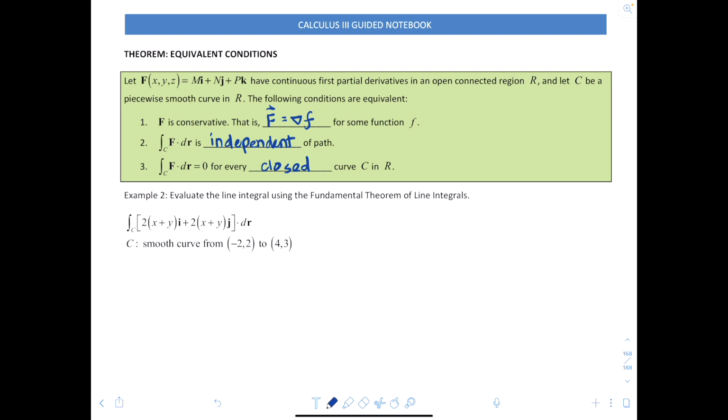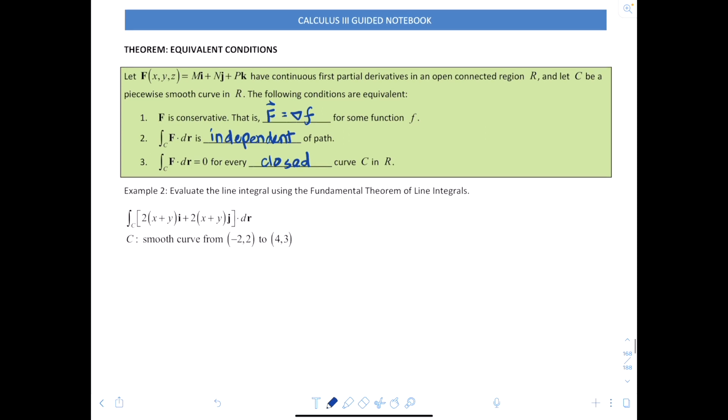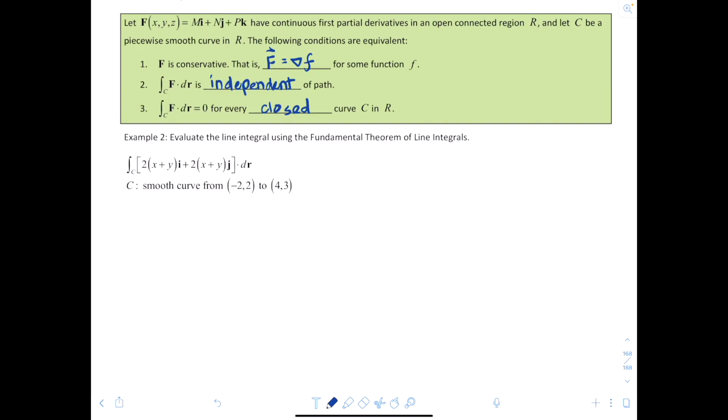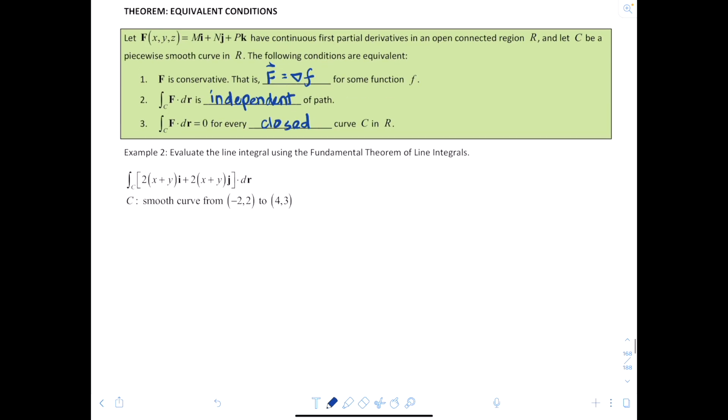All right, so let's take a look. Evaluate the line integral using the fundamental theorem of line integrals. Well, let's check out this theorem, right? So what's our m?